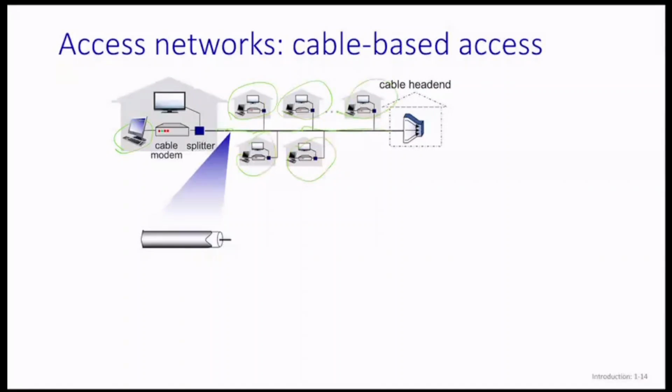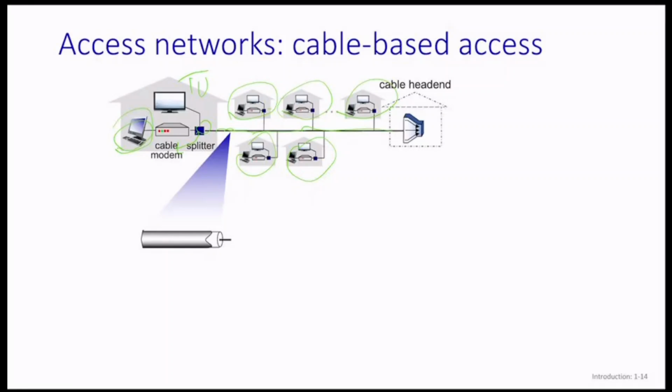In each of these homes, there is a splitter. The splitter separates this link into two parts. The first part is the TV LAN. And the second part is the cable modem to connect this computer to the internet.